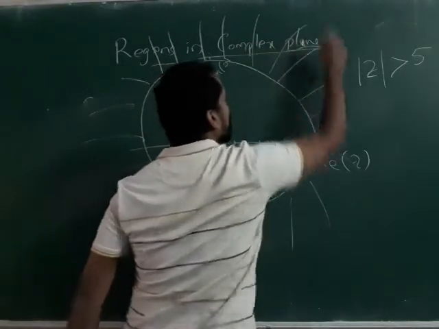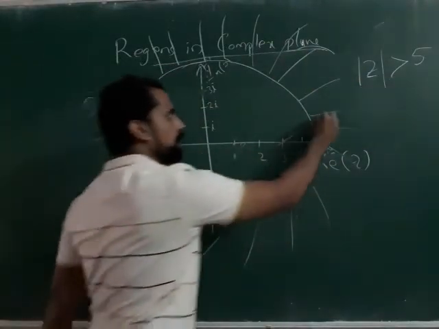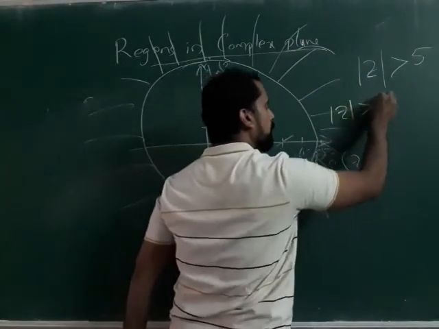So this is the region where mod z is greater than 5.